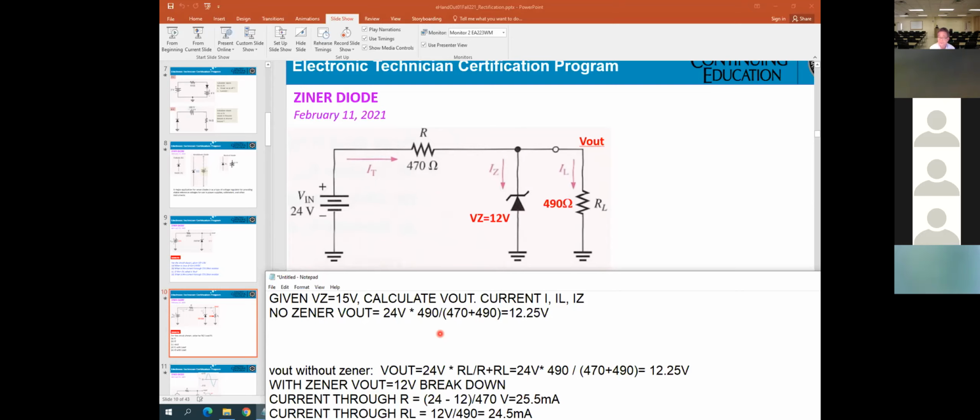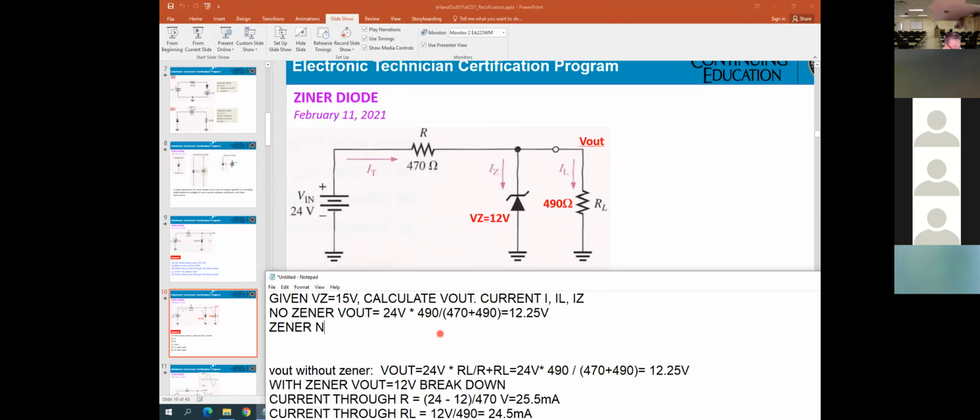Okay, now, what happened for the Zener? It is normal. So if I make that a 15 volt Zener, does it break down or not? No, it's not in breakdown. That means the Zener does not break down, so it acts like a normal diode.